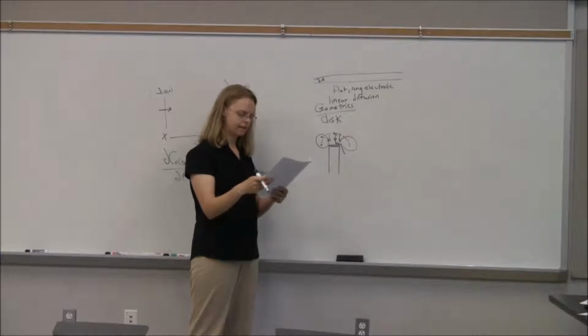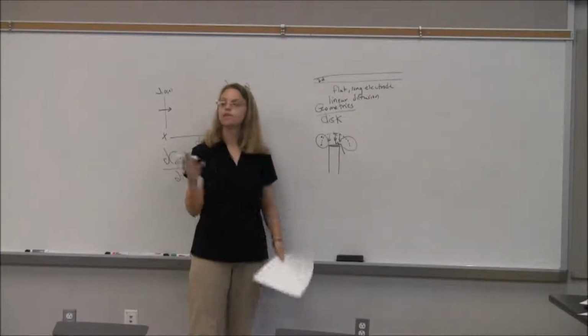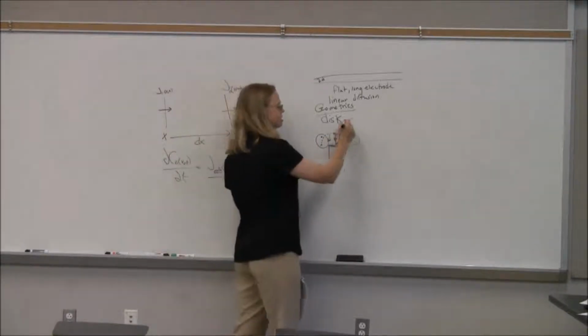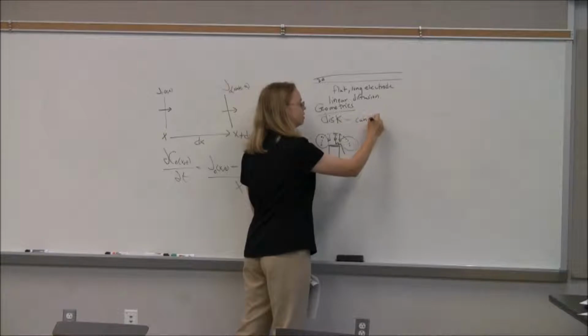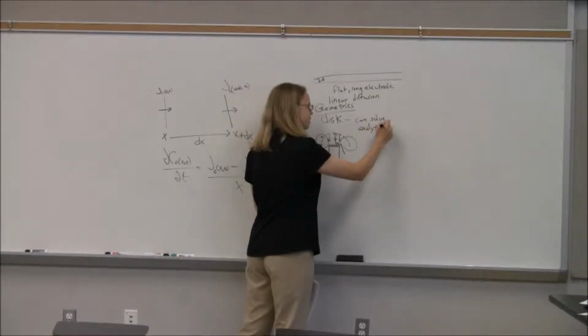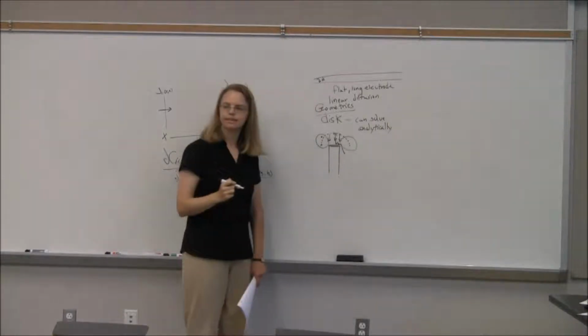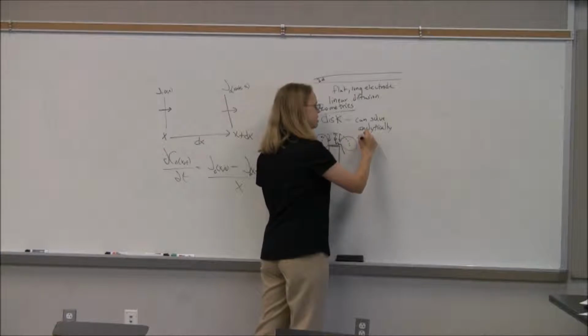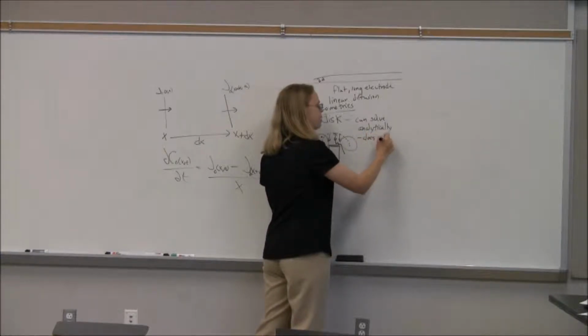And so it turns out that you can write out, which I'm not going to do, you can look in the textbook if you want the whole thing. You can solve this analytically, and it's really nice because it does not depend on time.